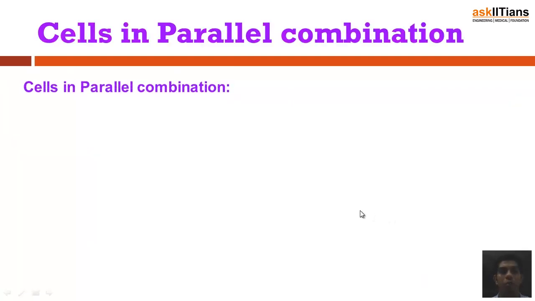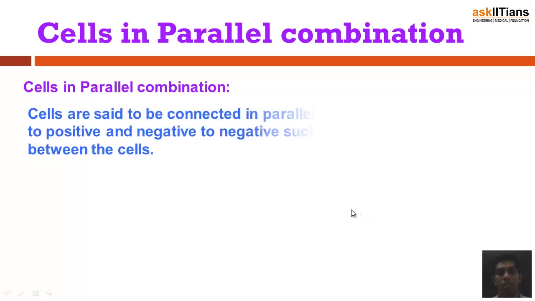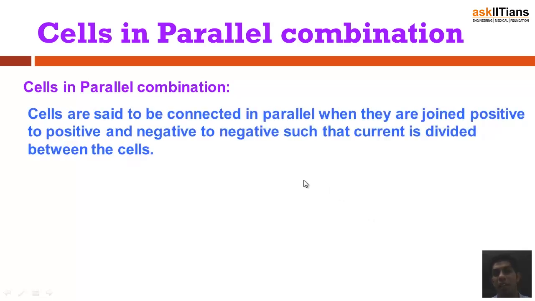So now we'll move on to cells in parallel combination. Cells are said to be connected in parallel when they are joined positive to positive and negative to negative, such that the current is divided between the cells. So it's pretty evident.